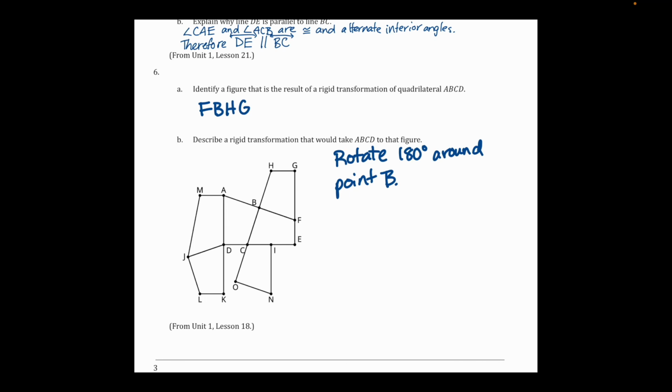You could actually say that almost all of them are, except for like this one here, but this one here should work as well. You could also rotate around point B. You would just swing it up this way, and I believe that would make a 90-degree angle, something similar.